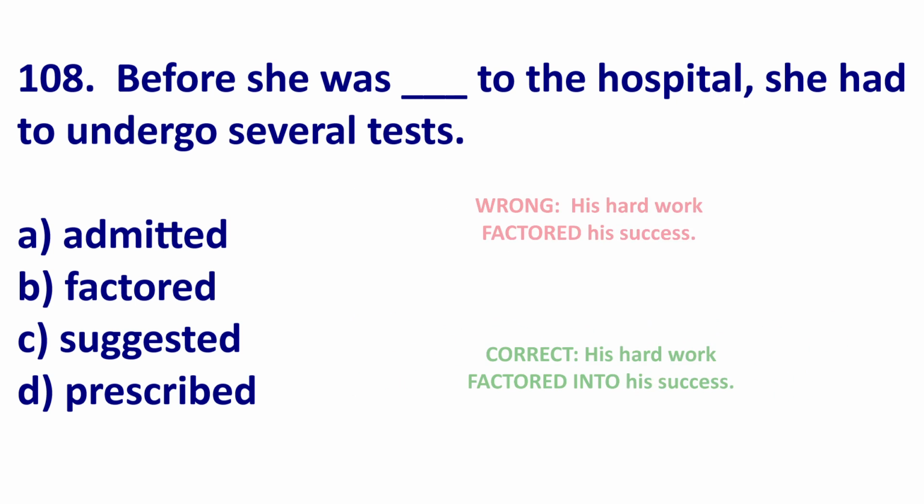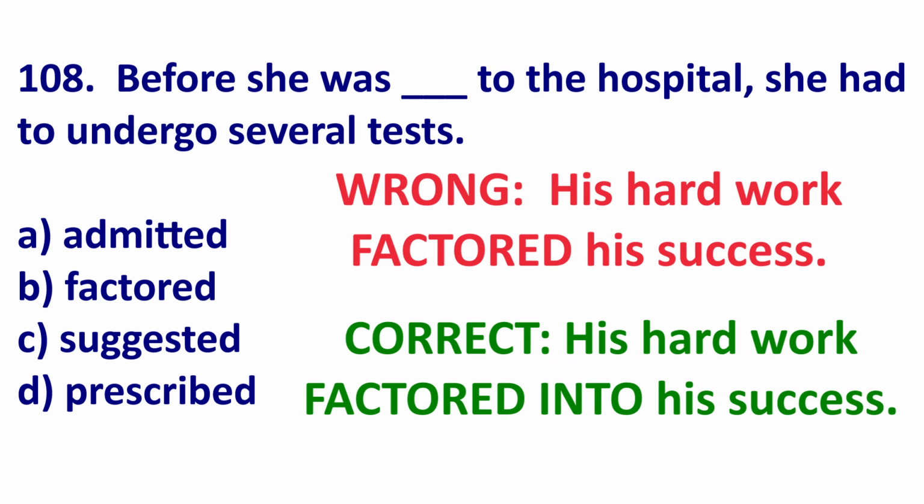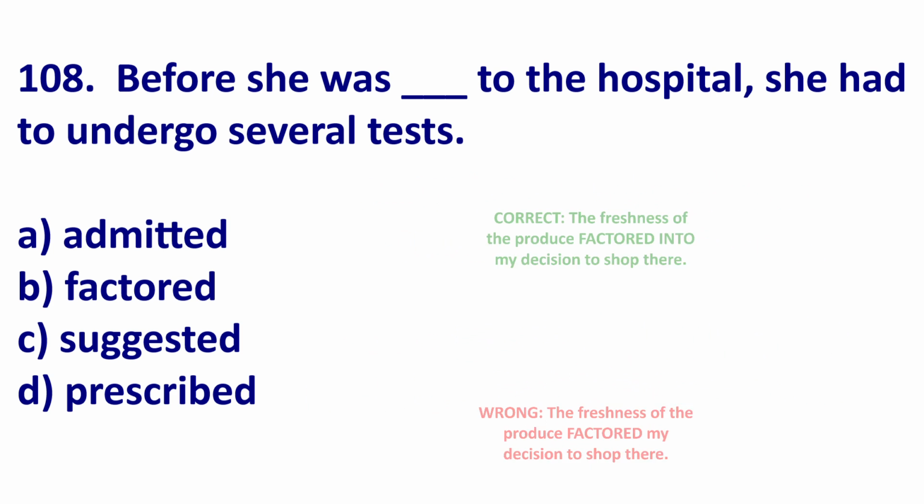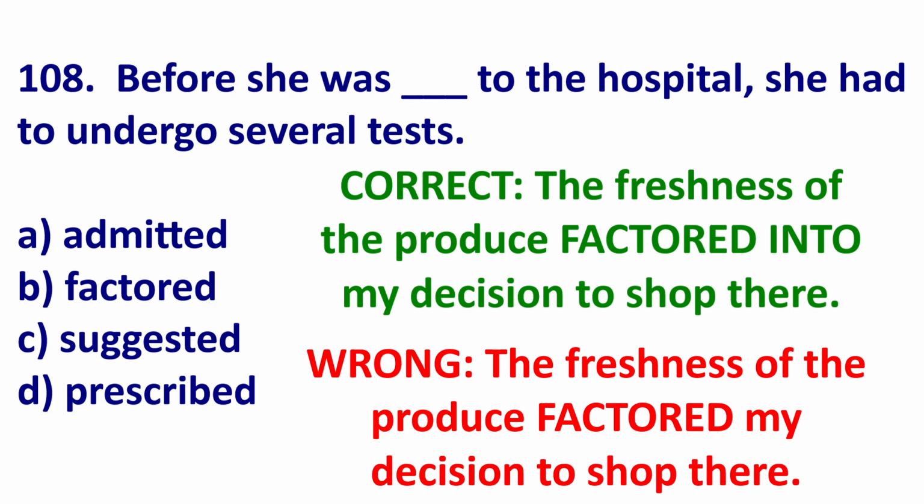For example, if I said "his hard work factored his success," this is wrong. Correct? "His hard work factored into his success." Another example: the freshness of their produce factored into my decision to shop at the grocery store. So it affected my decision.